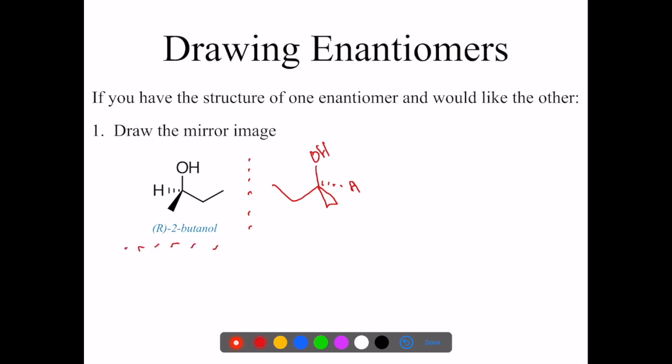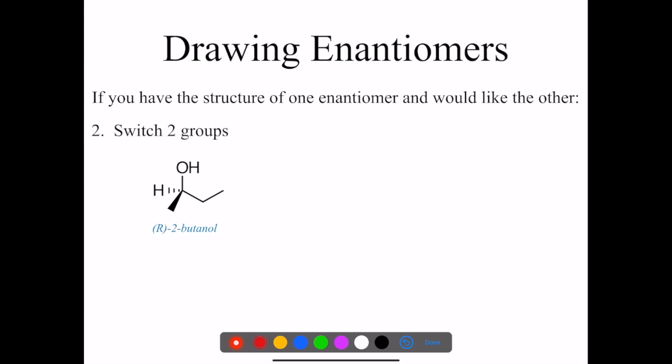You could reflect it this way. Okay, I could reflect it over here as well. So if you draw the reflection of an enantiomer, you'll get the other enantiomer. You can also switch two groups.